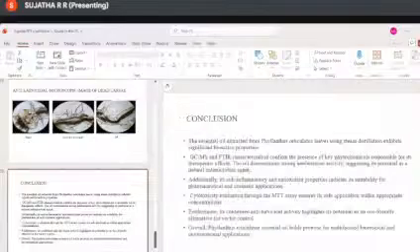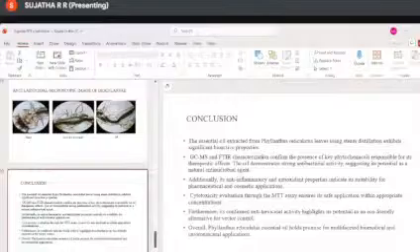So the conclusion of this study is that essential oil can be extracted using the double distillation method. The volatile compounds were characterized using GCMS, and other phytochemicals were characterized using FTIR, and the anti-inflammatory and antioxidant potential of this compound was tested.